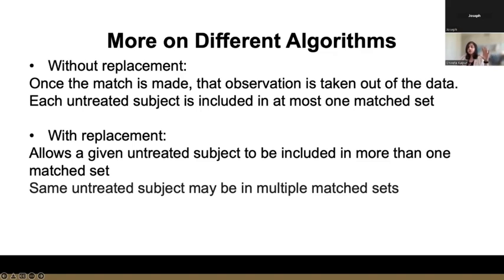So each control subject, or each untreated subject, can only be included once at the max in the matched sample. Whereas when you're doing propensity score matching with replacement, it allows the untreated subject to be included more than once. So the same untreated subject can be present in your multiple matched sets.